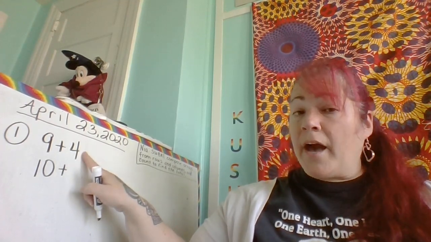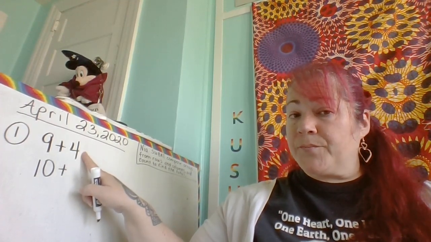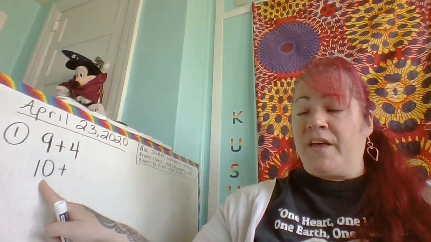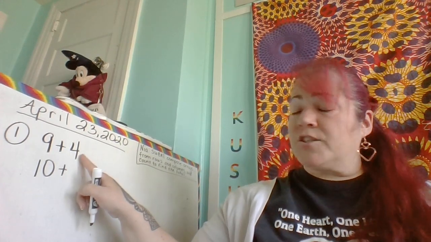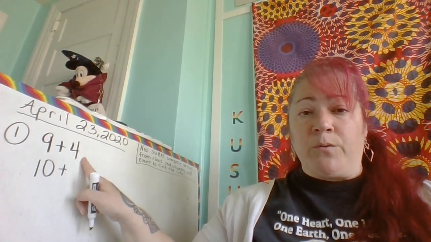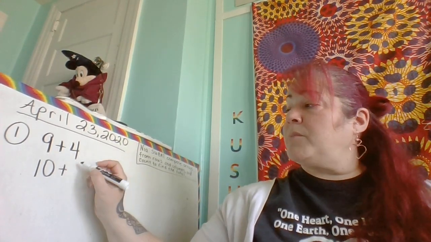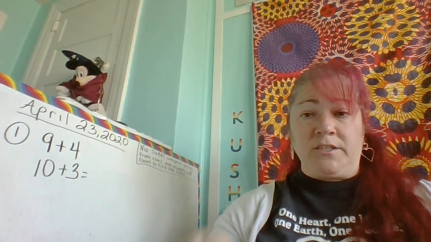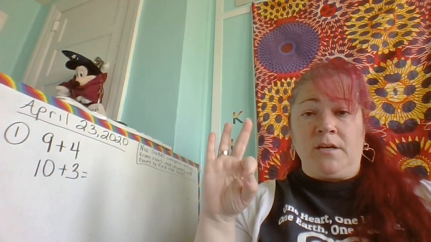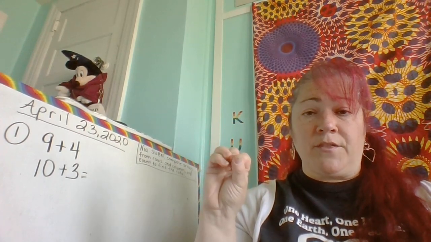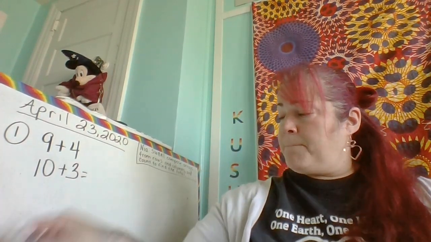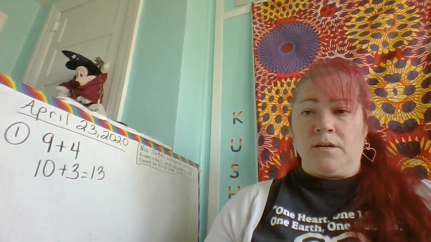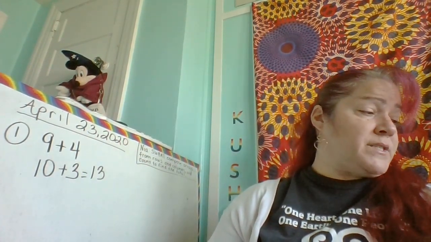So how much did I take away from the 4? Correct. I took 1, and made that a 10. If I took 1 away, what does that make my 4? Awesome. It makes it a 3. And 10 plus 3, show me 3 fingers and count up: 11, 12, 13. Our marker's trying to run away. All right, so let's try another one together.